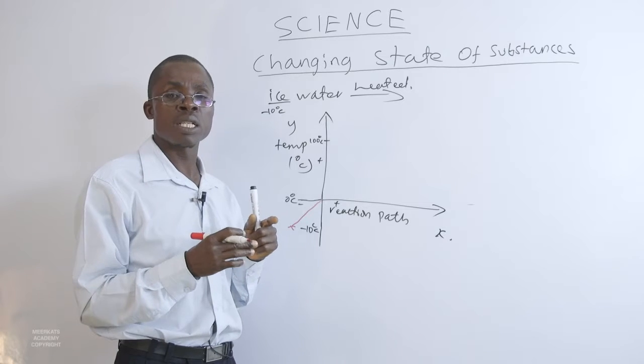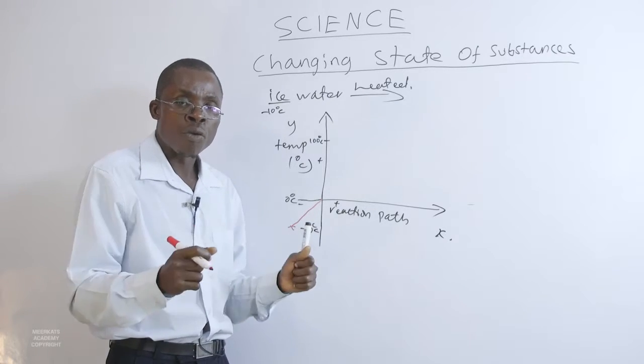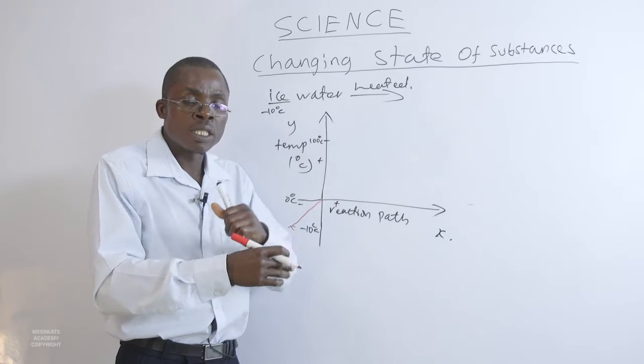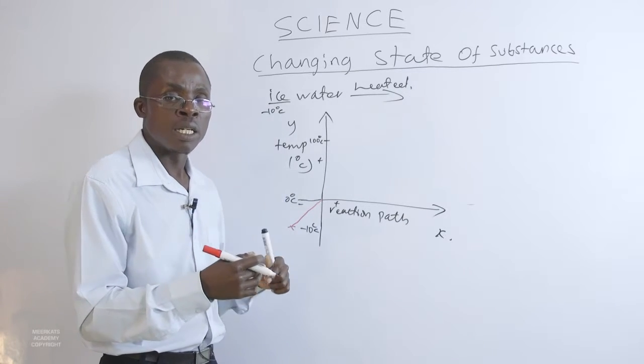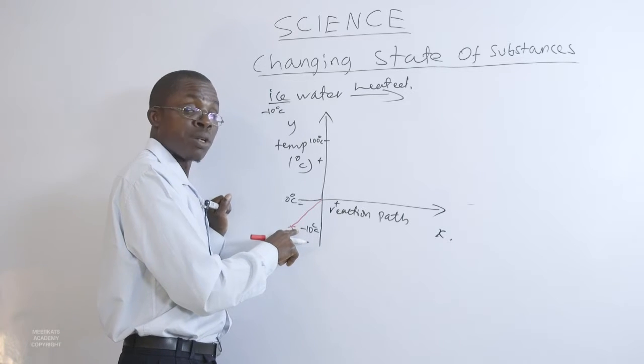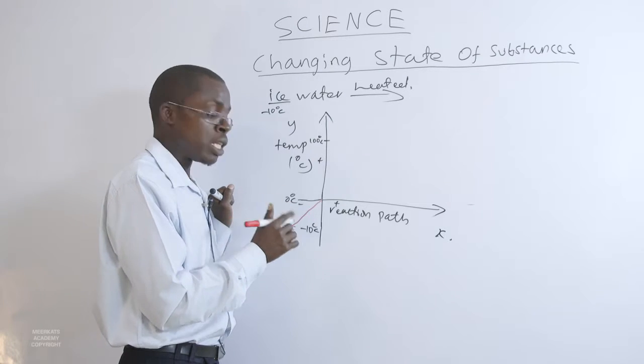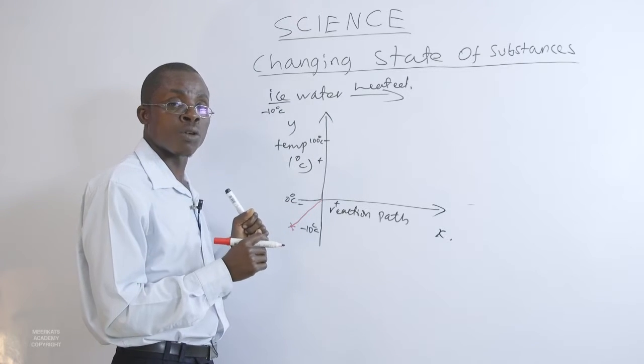It will start making the particles vibrate more strongly to break off from each other so that they can start rolling over each other. In so doing, it will not be increasing the temperature. It will only be breaking the bonds, the forces that are holding the particles together.